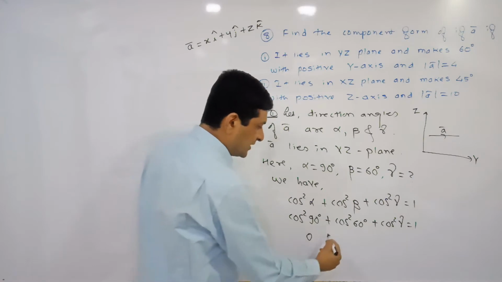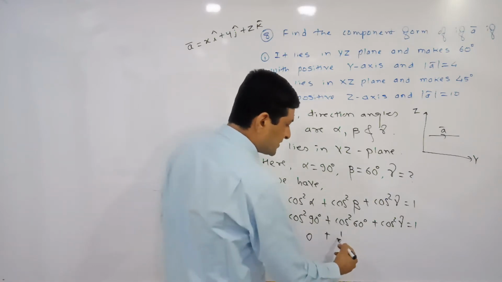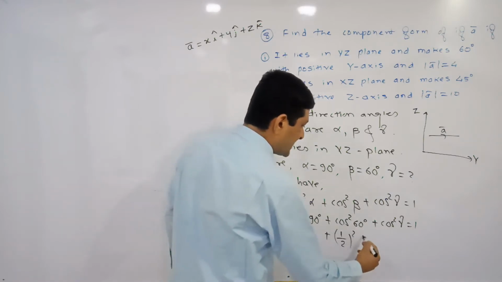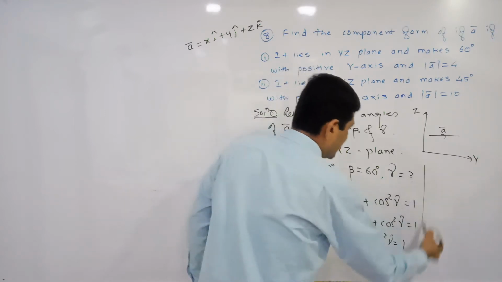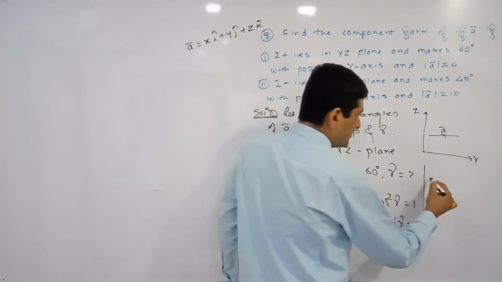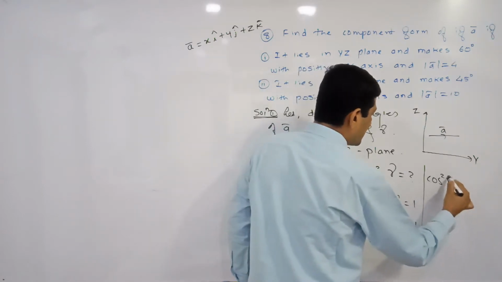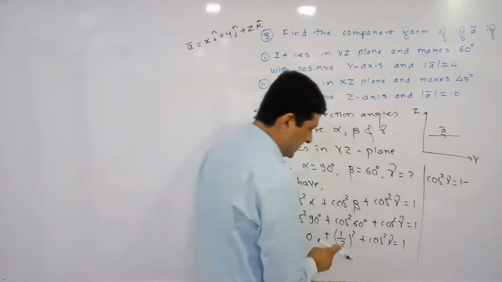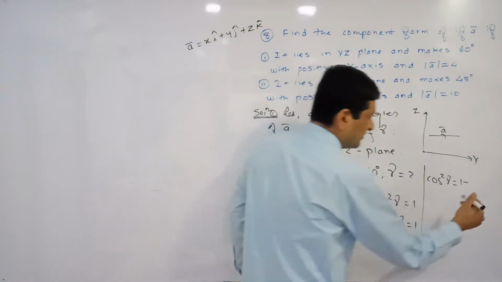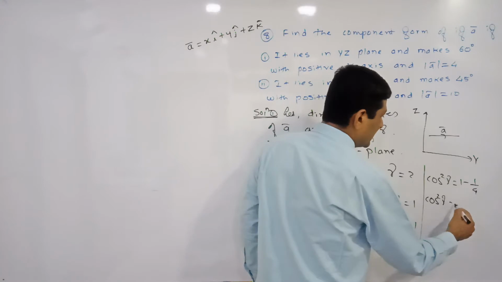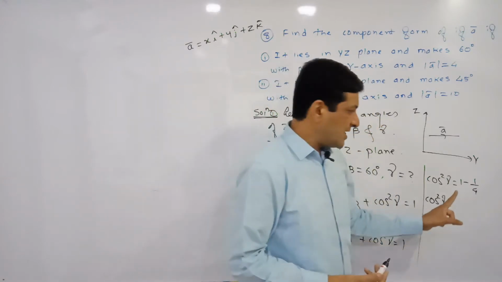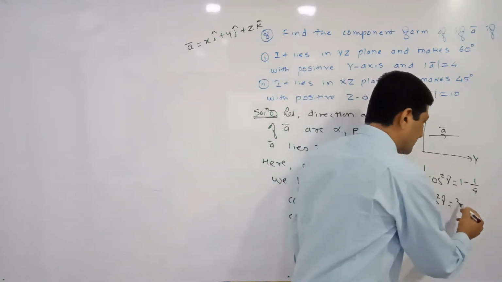Here cos 90 is 0, cos 60 is 1 by 2, keep this square as it is, plus cos square gamma is equal to 1. From this let us find the value of gamma. Cos square gamma is equal to 1 minus 1 by 4, 1 by 4 on this side becomes minus. 1 minus 1 by 4 will be equal to 3 by 4. So cos square gamma is equal to 3 by 4.